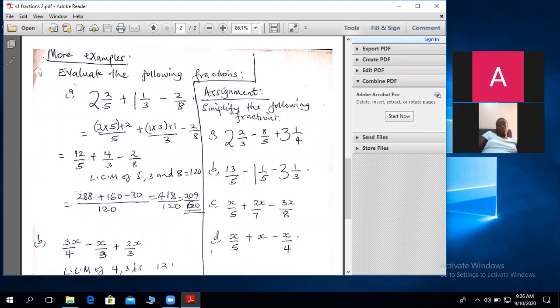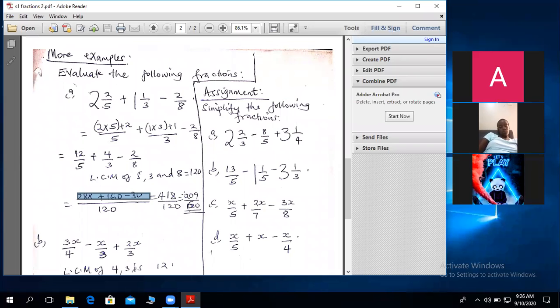And finally, when I get 288 plus 160 minus 30, the calculator gives me 418 divided by 120, and the answer is, when I simplify by 2, I get 209, and by 2, I get 60.